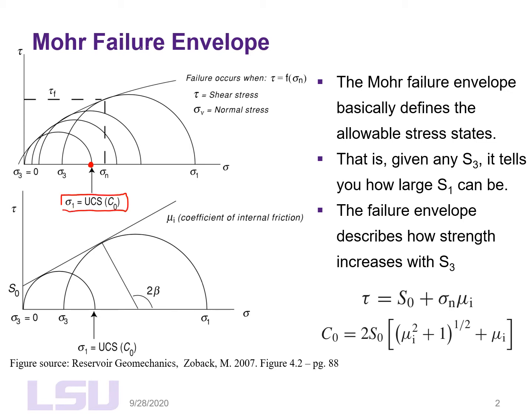Sigma 1 at the time the rock fails is the unconfined compressive strength, because sigma 3 is 0, and that's this circle right here. Then you go to higher values of confining pressure, and you get a new value of sigma 3, confining pressure, and you get a bigger circle, and you keep doing that.